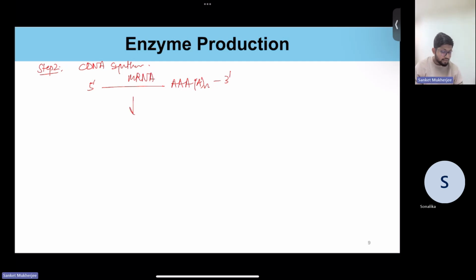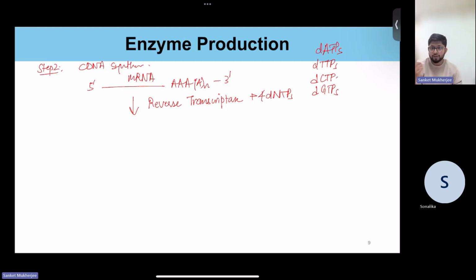We want to create a cDNA. We will use a reverse transcriptase enzyme, and we will supply 4 dNTPs. Now, these dNTPs are basically dATP, dTTP, and all the 4 essential components of a DNA, the nucleotide bases.